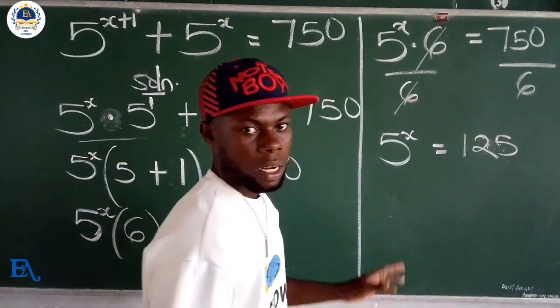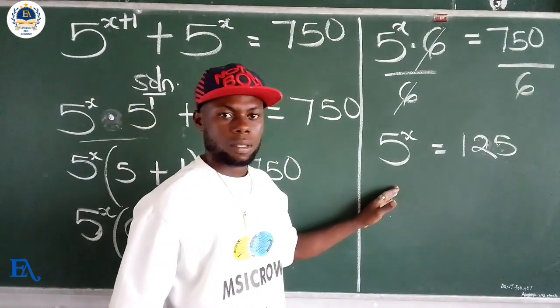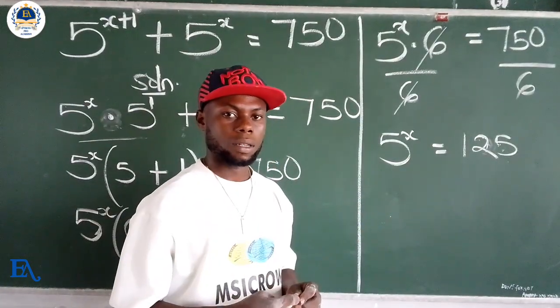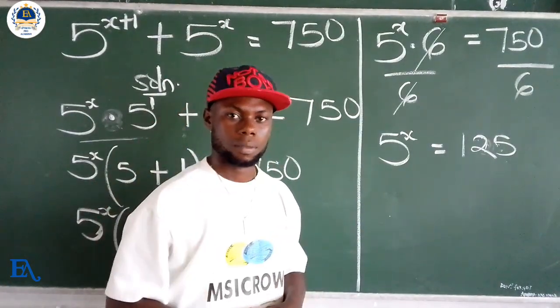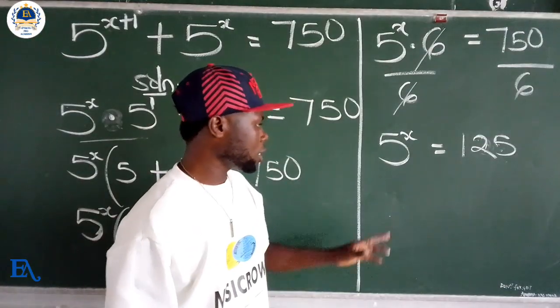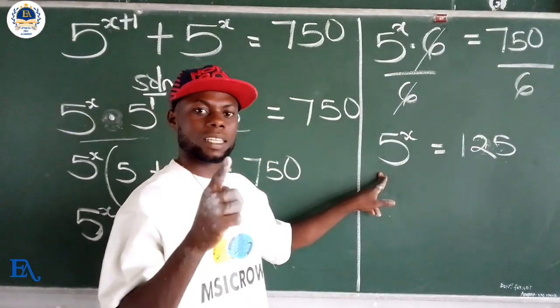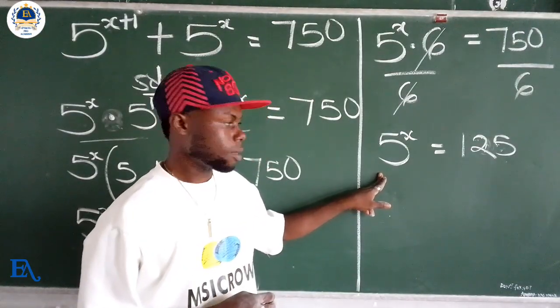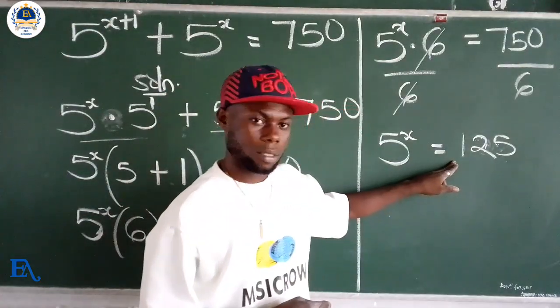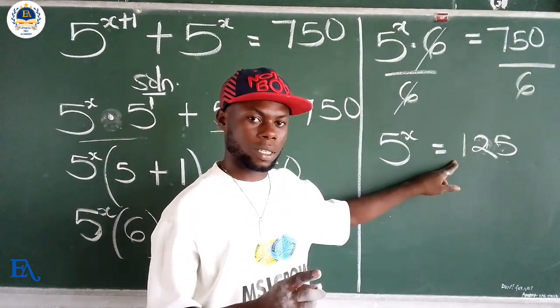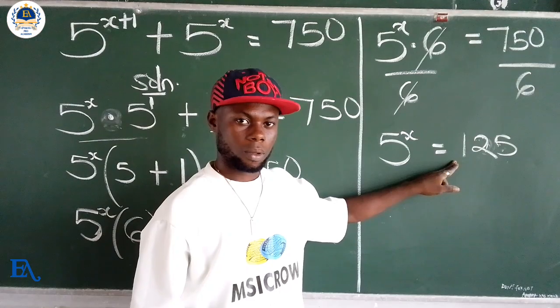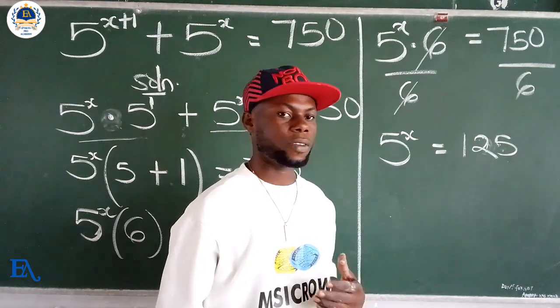But the left hand side has a bigger number that is raised to a certain power. That means it is written in its index form, while the right hand side is not written in index form.